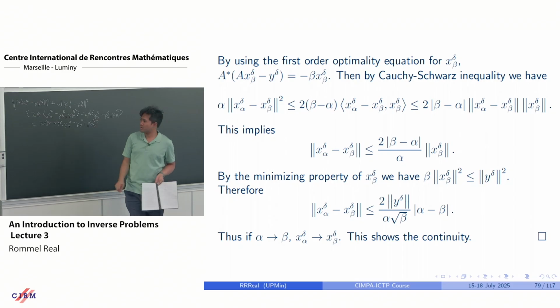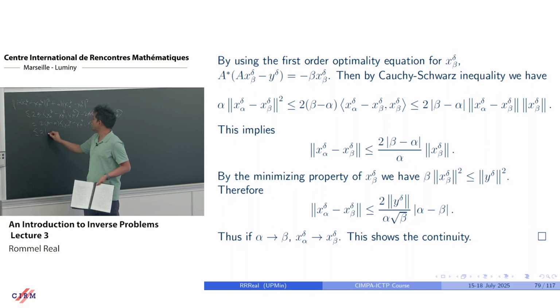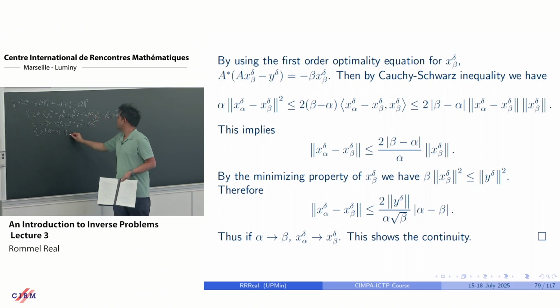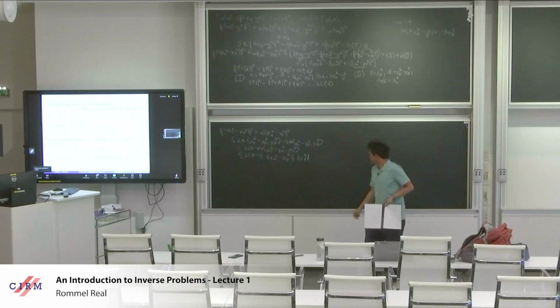And then by the Cauchy-Schwarz inequality, that will just give you this one, 2 times minus alpha times the norm of x alpha delta minus x beta delta times the norm of x beta delta.